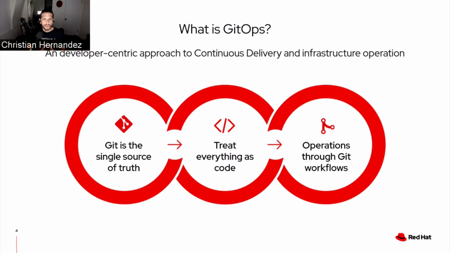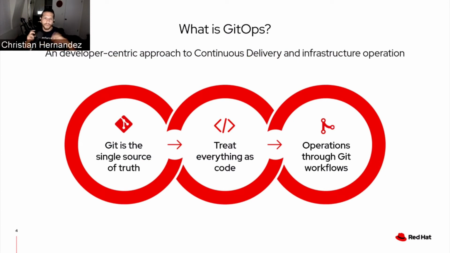In order to scale an application, or to make a change in the infrastructure, before that used to be a ServiceNow request. As that goes on, the infrastructure person goes and makes that change, perhaps via SSH.